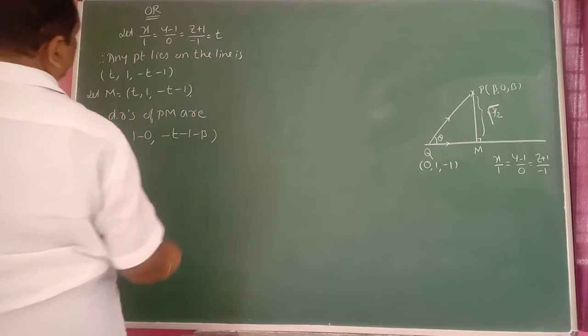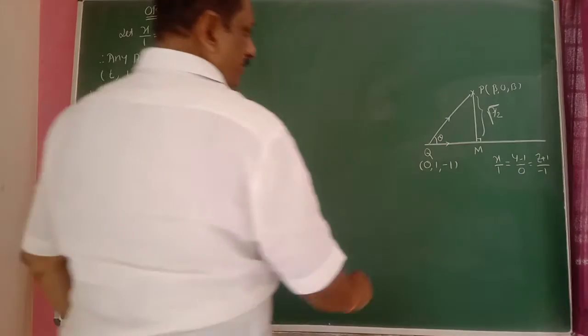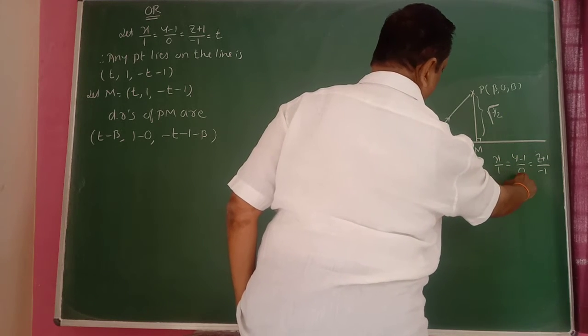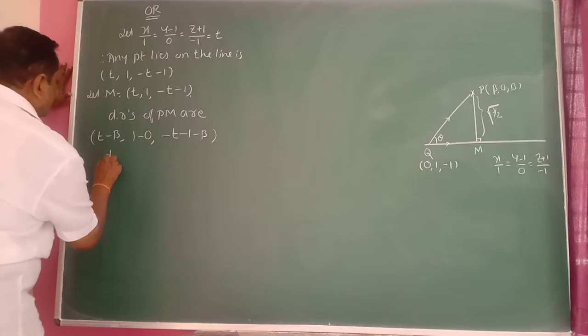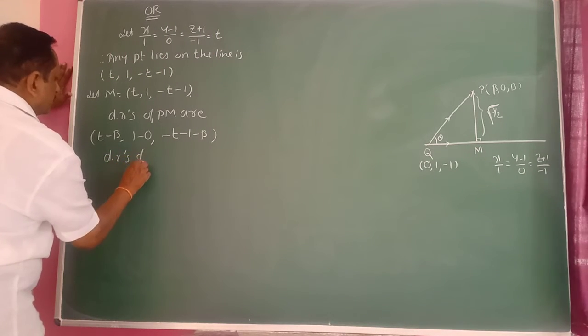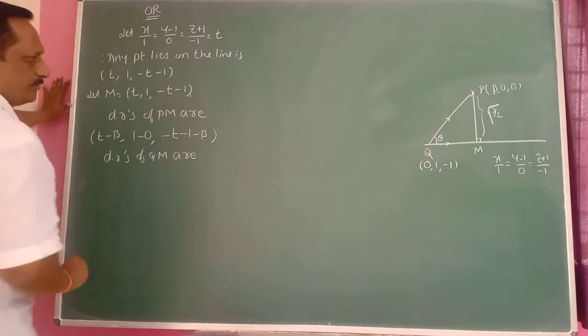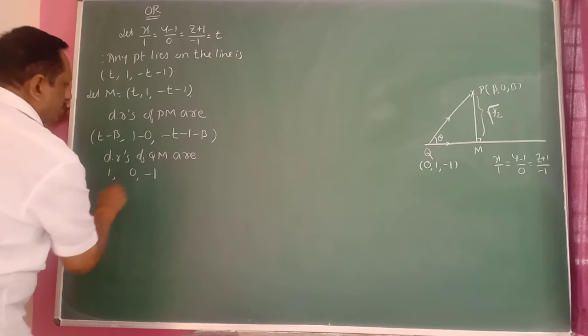These are the direction ratios of PM. Then the line along the vector whose direction ratios are 1, 0, minus 1. Direction ratios of QM are 1, 0, minus 1.